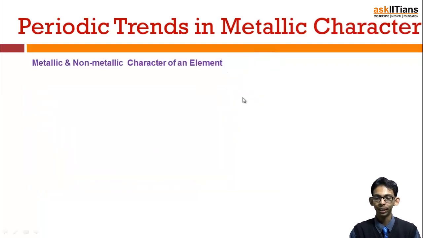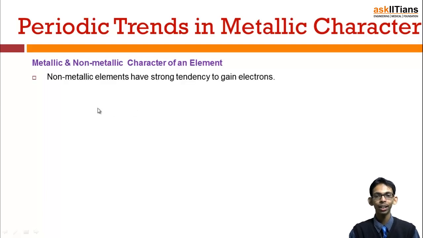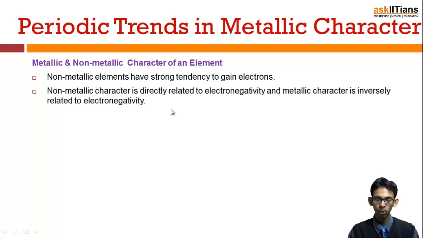Next is variation of metallic and non-metallic character of elements in the periodic table. Metals are those which easily donate electrons, and non-metals are those which easily gain electrons. Non-metallic elements have a strong tendency to gain electrons, so non-metallic elements would be those of small size.